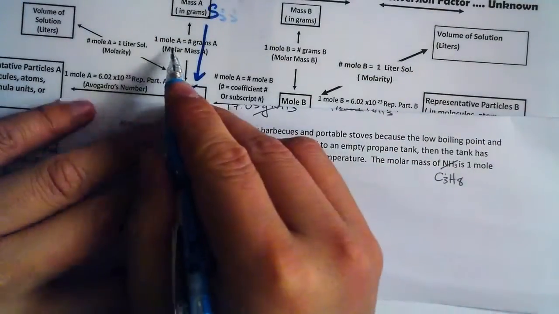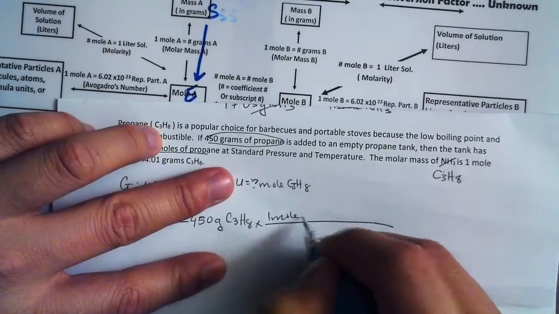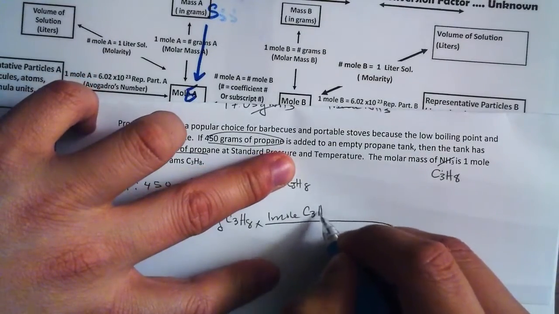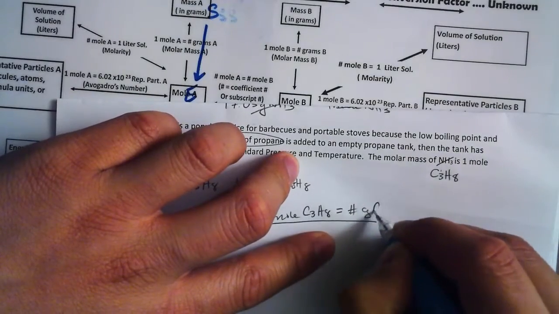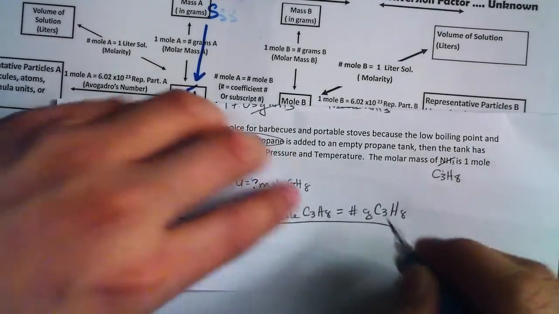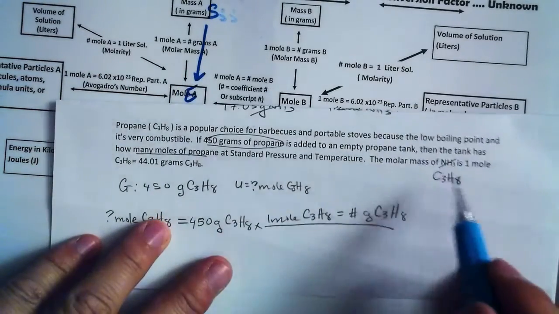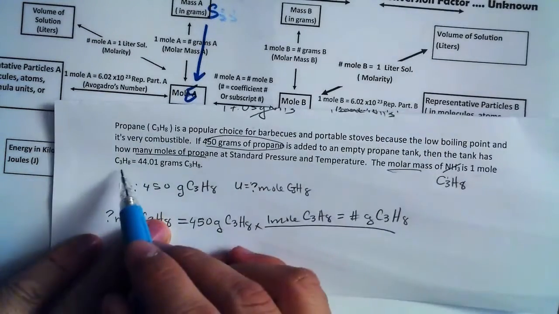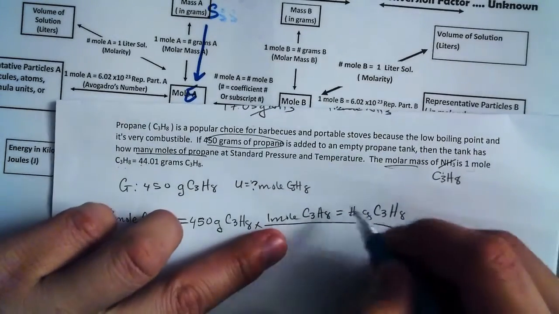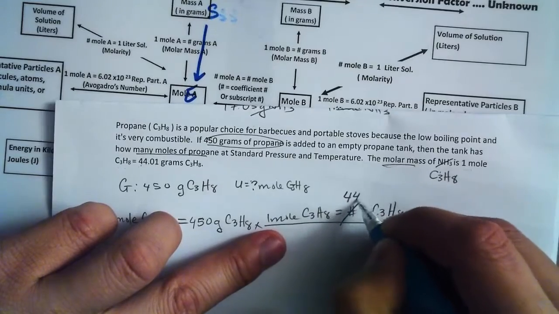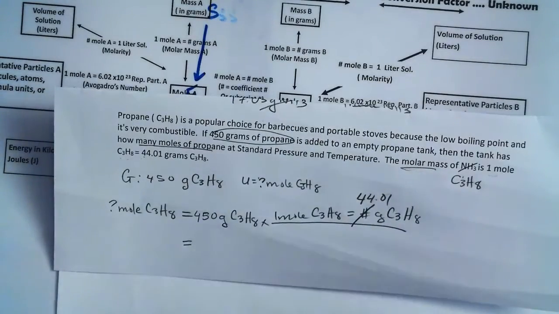So times that conversion factor, which is equal to 1 mole of C3H8 equal to the number of grams of C3H8, but we know that that number is the molar mass, and it is given to us. It's right there. Molar mass, 1 mole of C3H8 equal to 44.01 gram of C3H8. So that number is 44.01. And we are done.